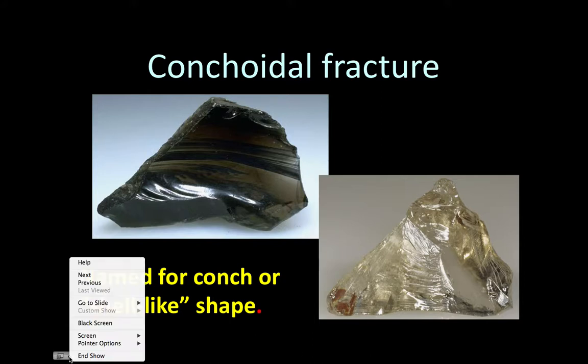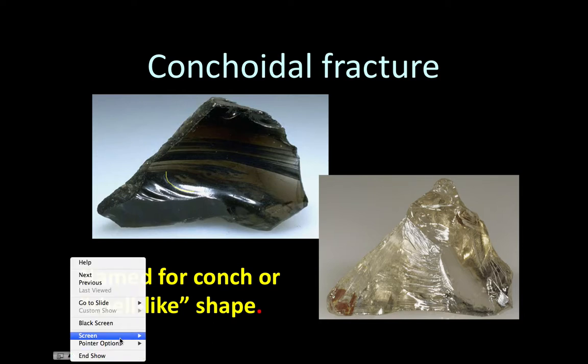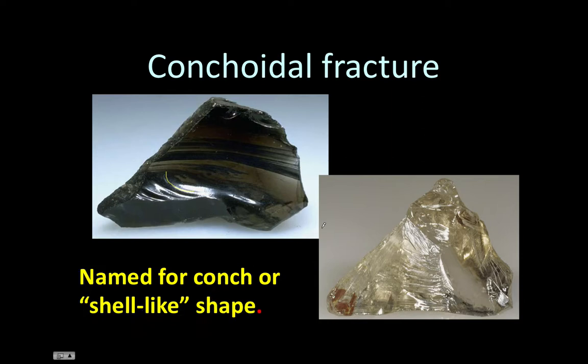Let me see if I could just sketch that on here for you. So if you look at this picture, you could kind of see these shells. Let me change my pen color. Over here, I could see some kind of curved lines, so it's sort of named for the shell-like appearance of the fracture pattern that occurs.